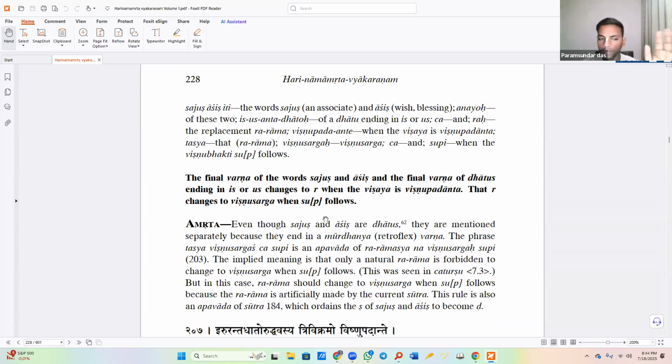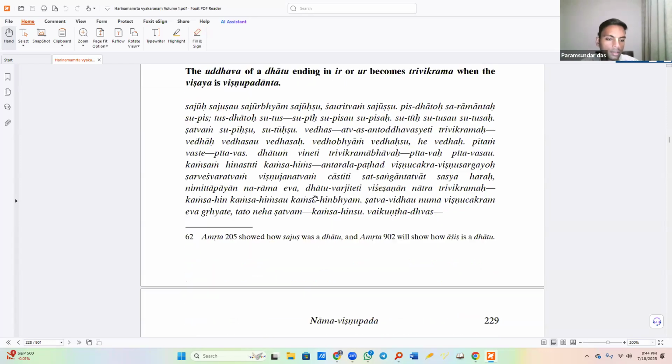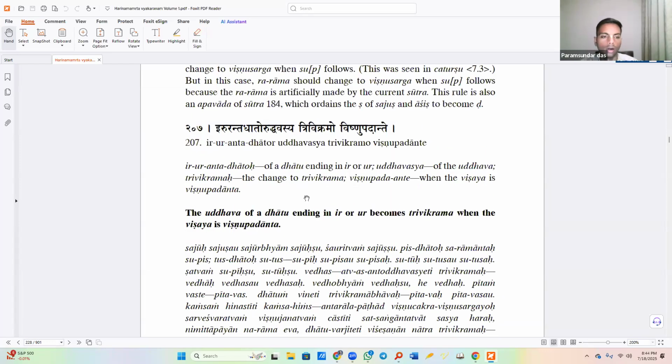So basically what's happening is the last letter of Sajush, Ashish or any dhatu ending with is or us. So the last letter will become ra when it is Vishnu Padanta. Just keep that in mind. Then Iruranta dhatu Uddhavasya Trivikrama Vishnu Padante. The Uddhava of a dhatu ending in ir or ur becomes Trivikrama when it is Vishnu Padanta.